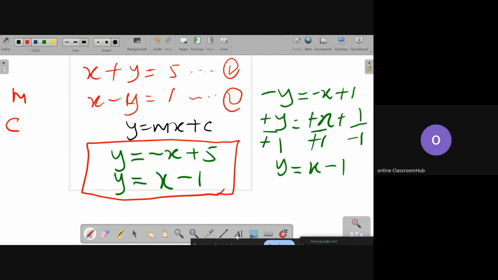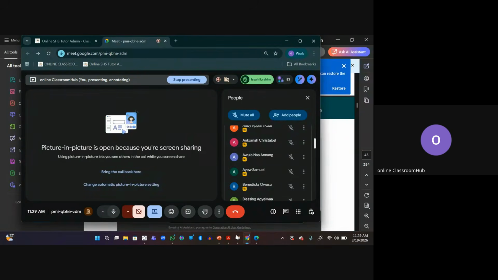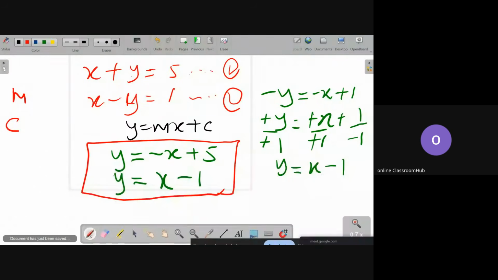What is the gradient for equation 1? Yes. Okay. Isa Ibrahim, let's hear you. Sir, please, negative 1. Okay, negative 1. What about the c? Yeah, what about the c?